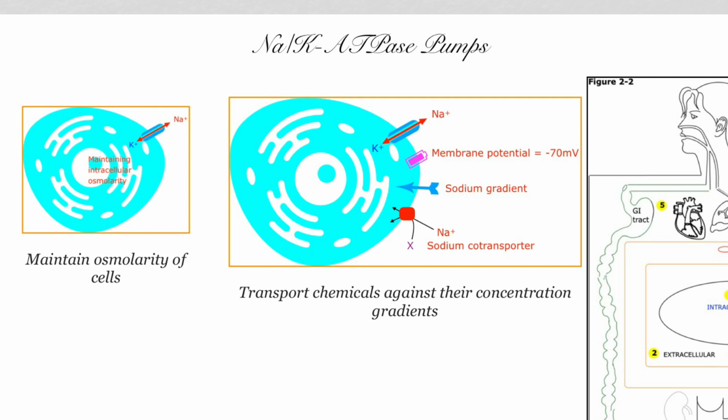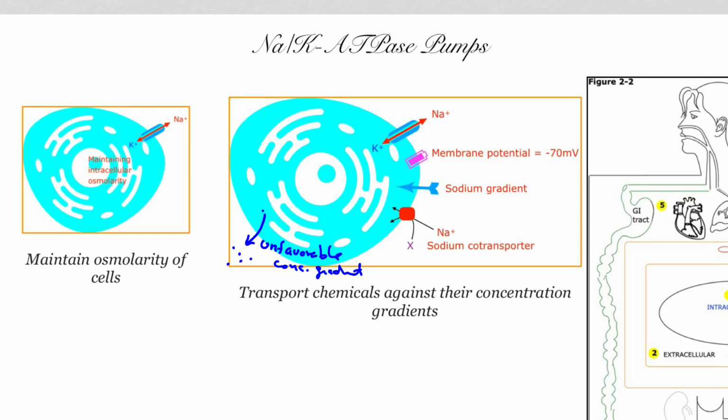Now, movement of a chemical in the other direction. Here's a high concentration, low concentration. Can a chemical go from low concentration to a high concentration? That's an unfavorable concentration gradient.